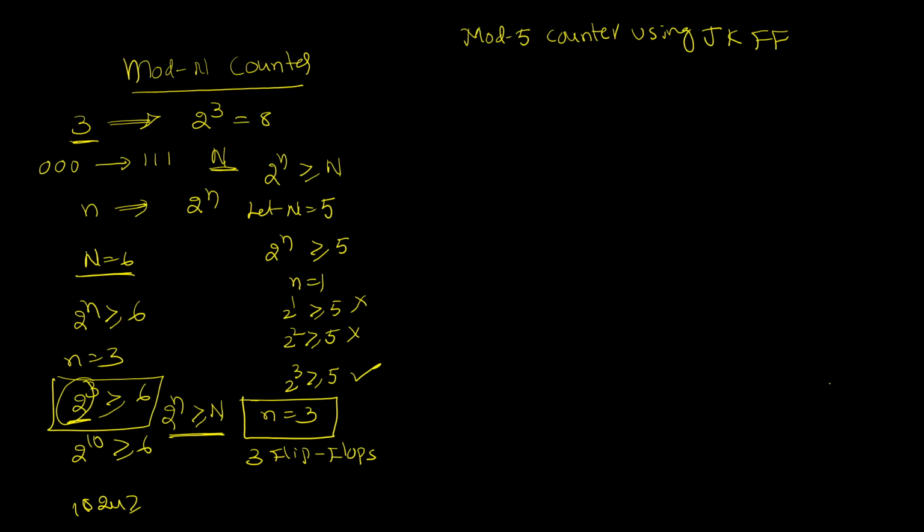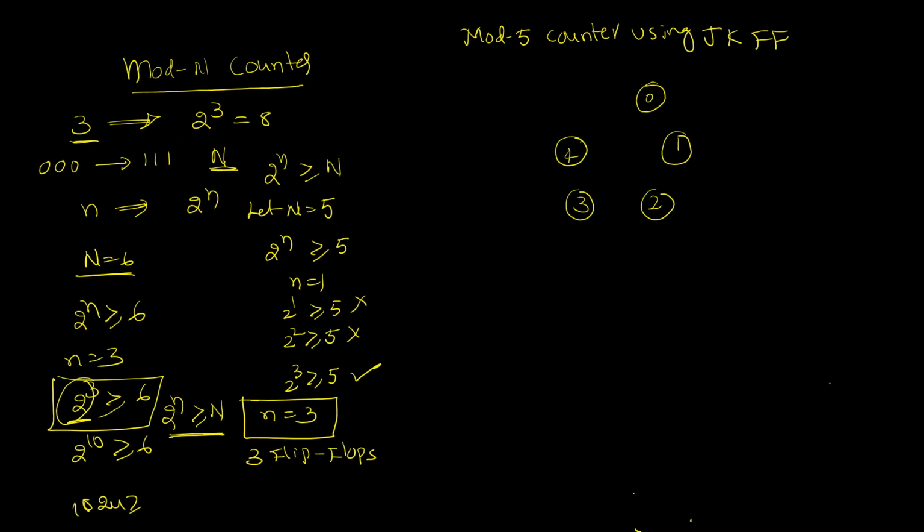So what I try to do is take up the present state, next state, and the excitation required. What is meant by a mod 5 counter? We need to understand. Initially the value of the counter is 0, then it will become 1, then 2, then 3, then 4.